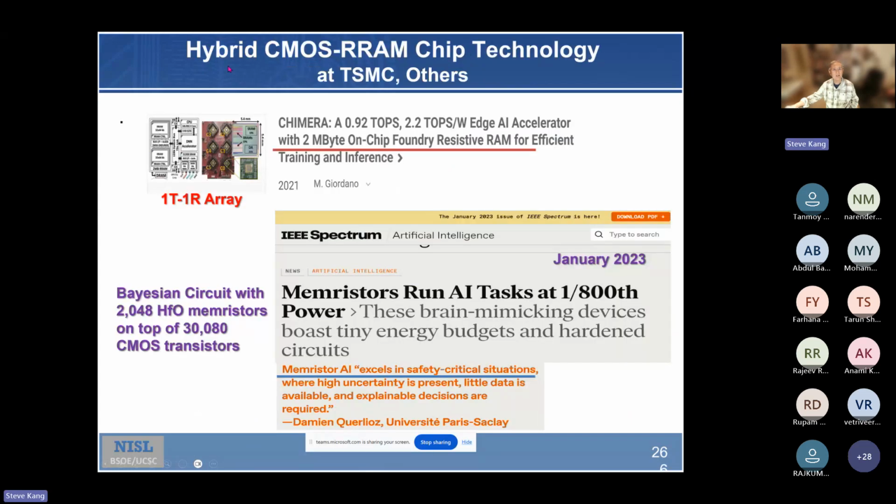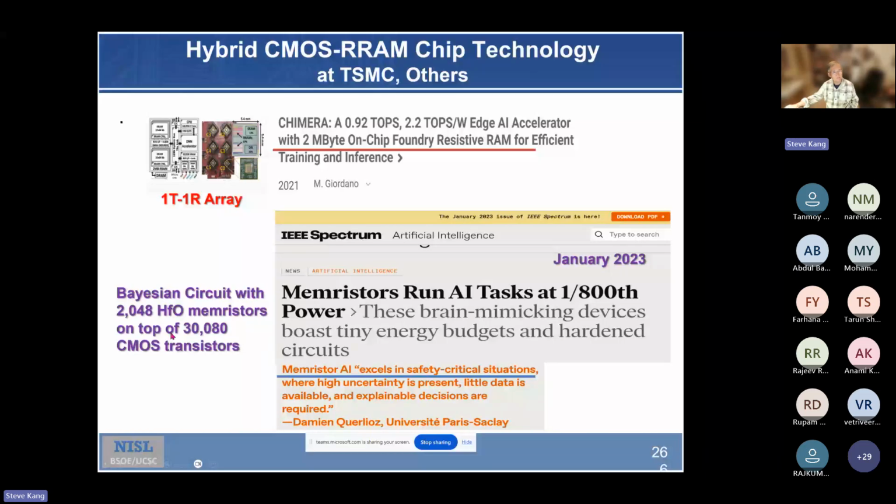And this is another data point, hybrid CMOS resistive RAM chip technology at TSMC and others. According to a French paper, they had a CMOS chip with 30,000 CMOS transistors. They have 2,000 hafnium oxide memristors on top of this CMOS.